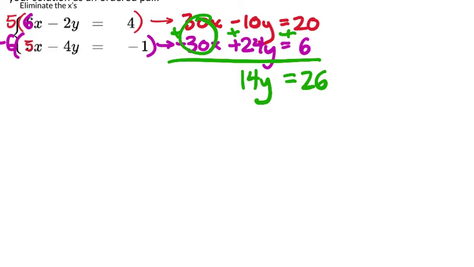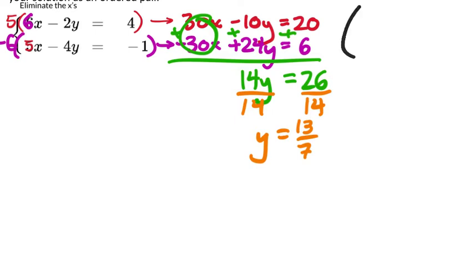Yeah, it looks like we're going to end up with a fraction on this one because I'm ready now to divide both sides by 14, which is going to simplify that fraction. It looks like it's going to be 13/7, which is not a super pretty value, but it's workable, okay? Because especially with the calculators we have, we know that we can force the calculator to do that work for us. So there's the 13/7 in my ordered pair.